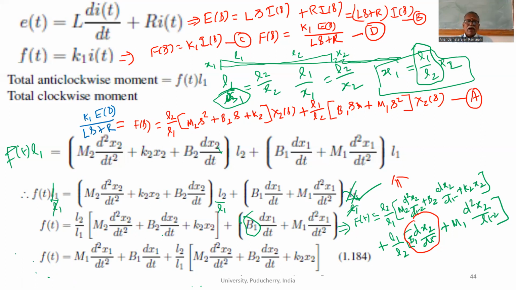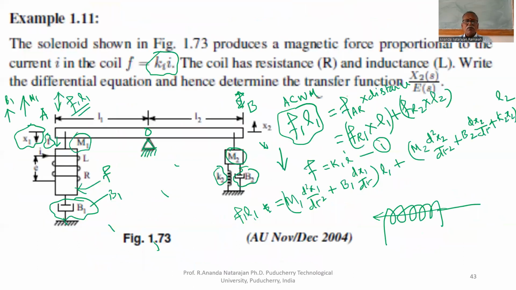So find x2 of s upon E of s, because E of s is the input. You see the diagram. What is the input here? Input to the system is E of s. The output is x2. X2 is the output. That's why we have to find the Laplace transform of output upon the Laplace transform of input, the transfer function model.